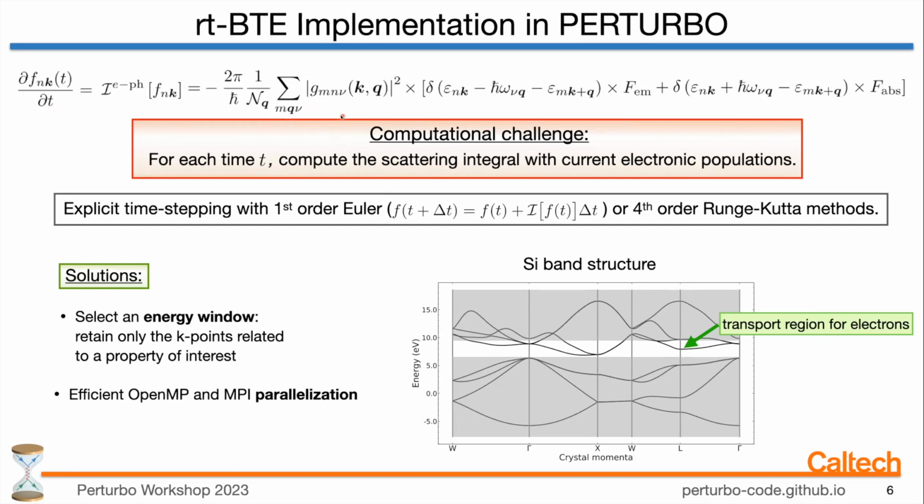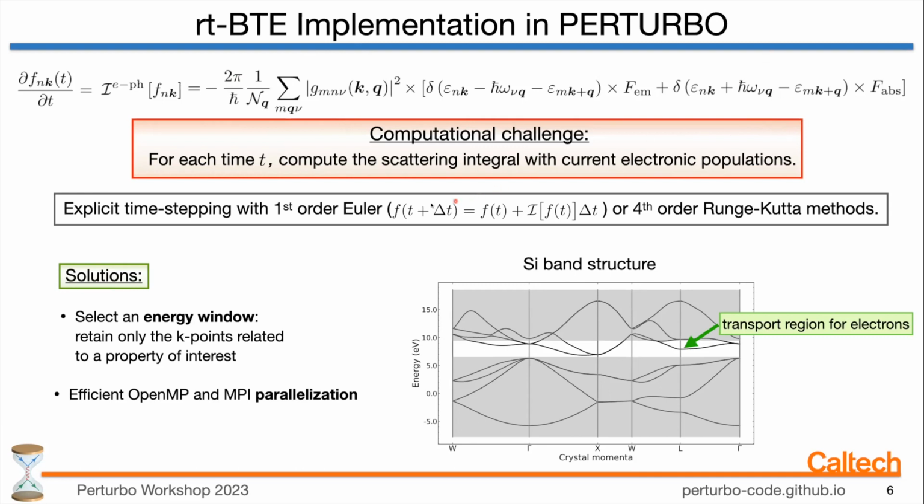In previous lectures, for example for RTA, you would need to evaluate a similar integral, but only once. For the ITA approach, you needed to do that many times, but maybe not more than 50 times or so. For example, you remember that the Boltzmann step was equal to 50. Now in this case, we might need to evaluate this scattering integral hundreds or even thousands of times, which you will see in the tutorial and hands-on on ultrafast dynamics. So this poses a huge computational challenge.